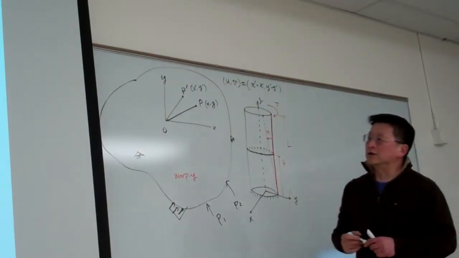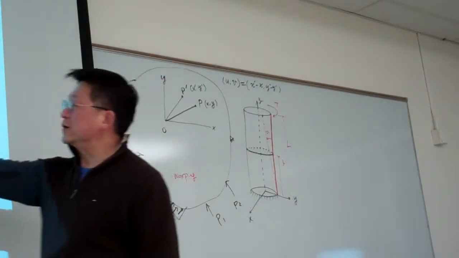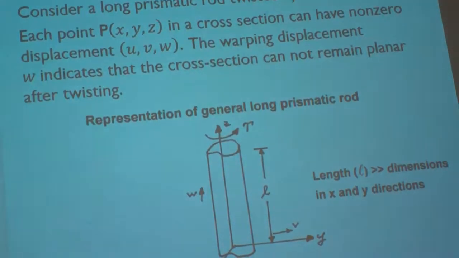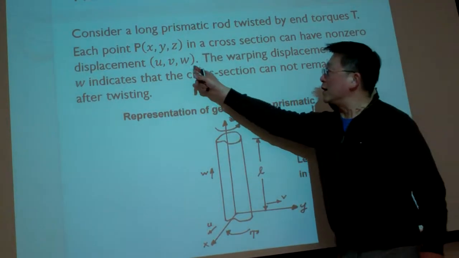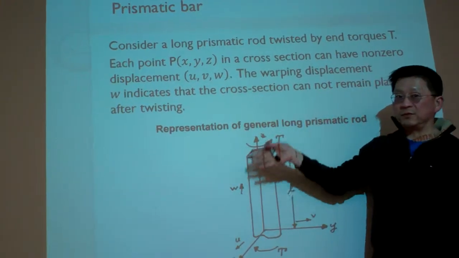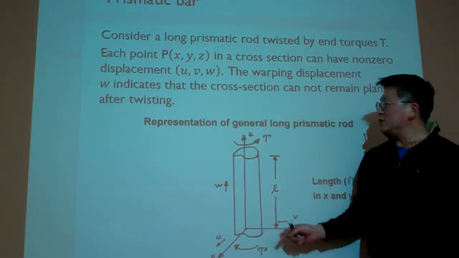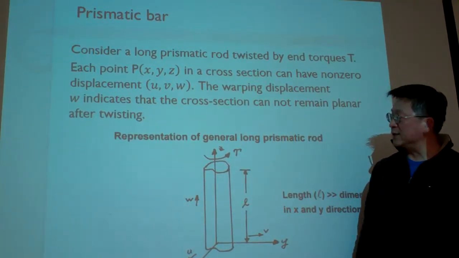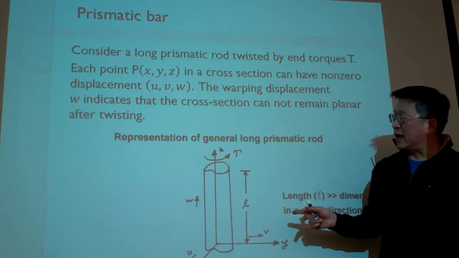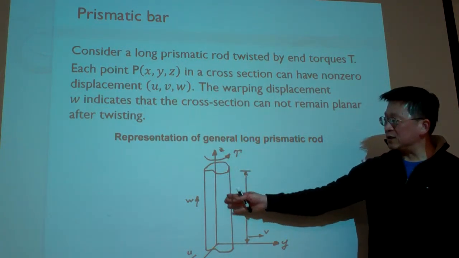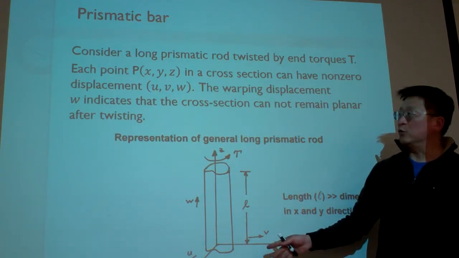Okay. So here for UVW, we consider it three-dimensional. Okay. And in particular, W indicates the displacement in the z direction. And displacement in the z direction refers to this plot here. And for a shaft, in this kind of configuration, any displacement in the axial direction, we call it warping.